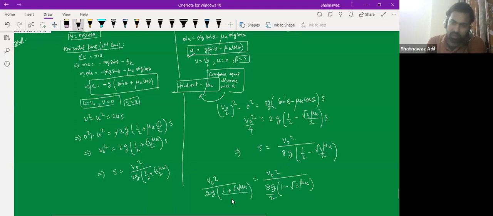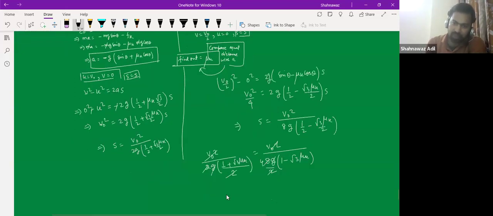So this is by 2. This one will cancel. This is 4. Right, this is getting cancelled. So what do we have? We have this thing, 4 times 1 minus root 3 mu k, and then we have 1 plus root 3 mu k. Okay, this was a lengthy question, right?